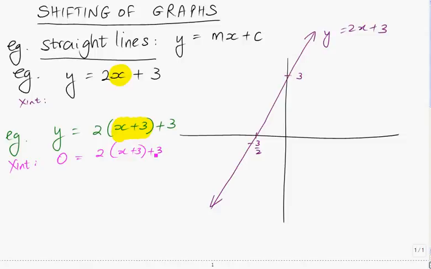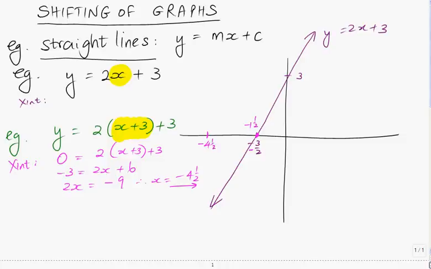In other words, minus 3 is equal to 2x plus 6. So 2x equals minus 9. Therefore, x is minus 4.5. Initially, the x-intercept was, sorry, that should have been a minus 1.5. Now it shifts to the point minus 4.5.